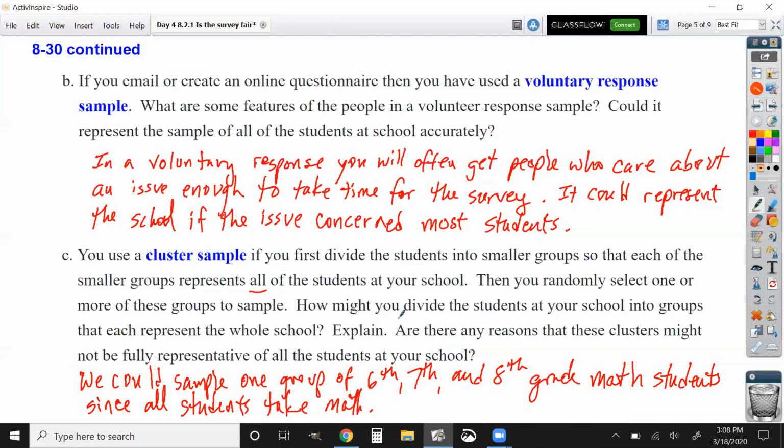This would probably be a pretty good sample because we would end up asking all grade levels and randomly picking kind of a whole class at a time, but 1 of 6, 1 of 7, 1 of 8. So we're covering the grade levels. So that's a cluster sample.